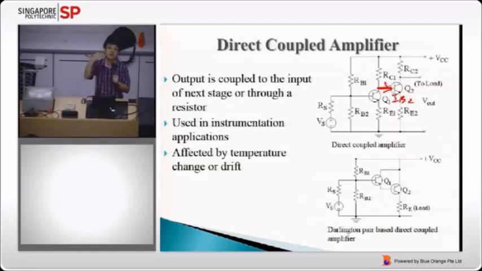It will cause my second stage Q point to shift. For common emitter Class A, we want the Q point at the center so that we can have an undistorted output. But because of the direct coupled method, nothing blocks the DC, so it may go into your second stage and affect your second stage Q point, and your output may get cut off or saturated. That is the disadvantage. Because it allows 0 hertz, which is an advantage, it causes another disadvantage, which is that it will affect your Q point.